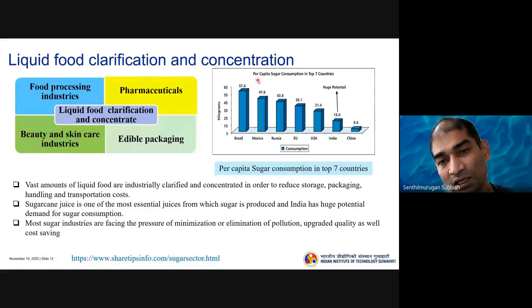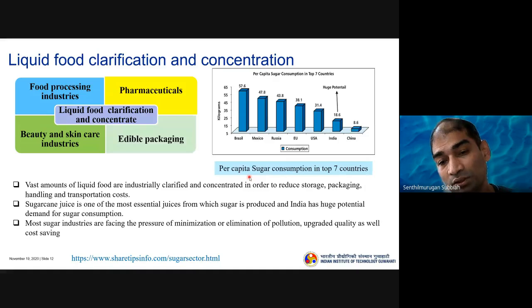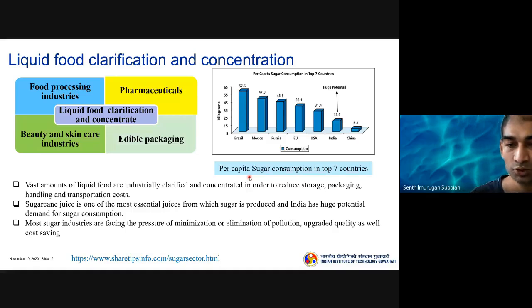You can see the per capita sugar consumption in the top 7 countries, approximately 57.6 kg per capita, particularly in Brazil. Brazil is one of the highest sugarcane producing countries, because they use it for ethanol production. So they produce a huge amount of ethanol from sugar. So they consume a huge amount of sugar.